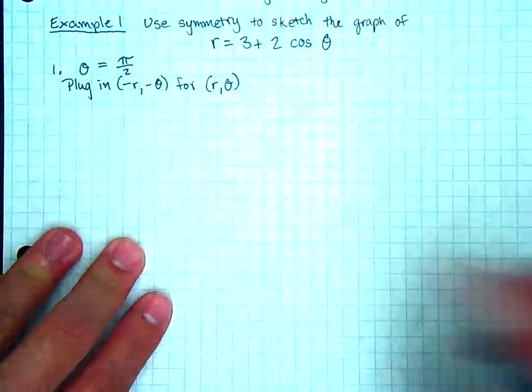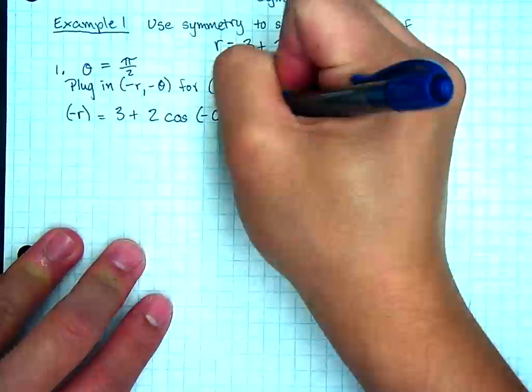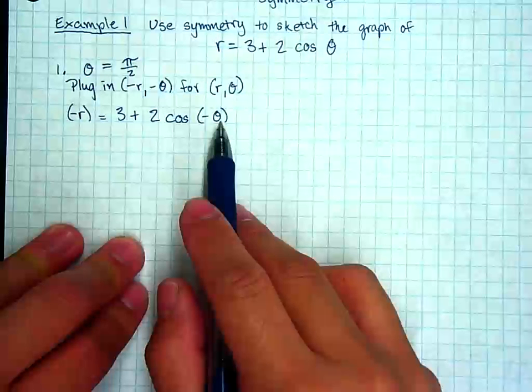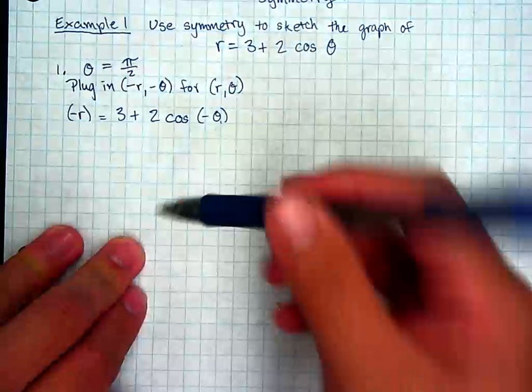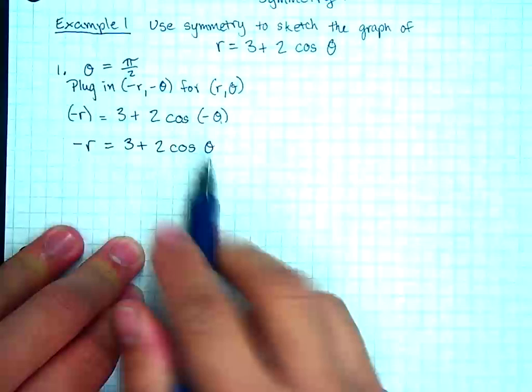Okay, so let's do that. Plug in negative r. I get 3 plus 2 cosine of negative theta. Now this does take us back to the trig unit. We do need to remember that cosine of negative theta still comes out as positive cosine theta. Negative r, of course, is going to stay negative r. So what we have is negative r equals 3 plus 2 cosine theta.